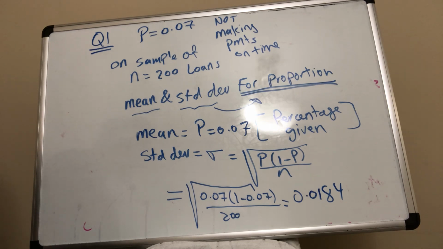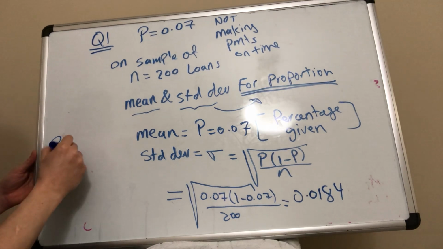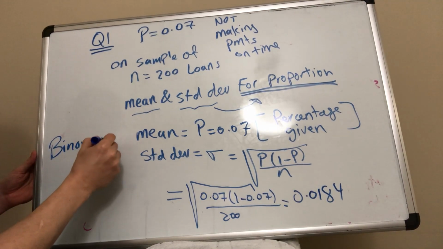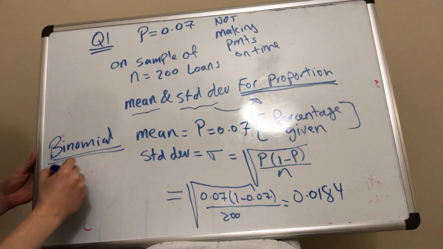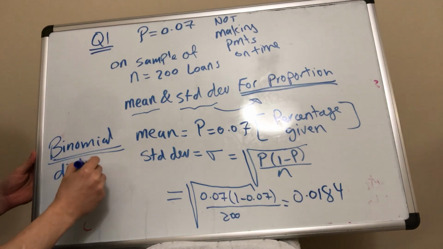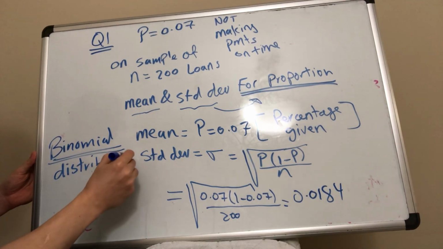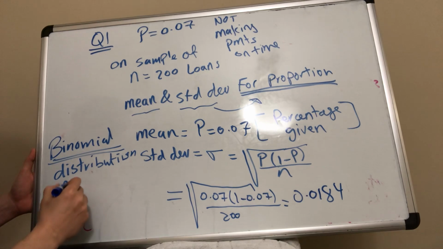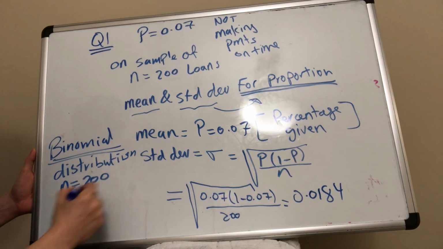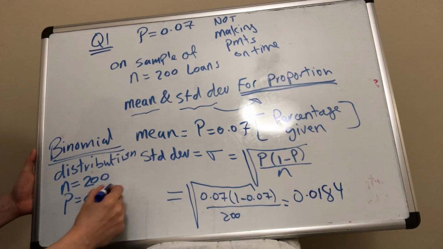You've seen this before. The distribution in this case is binomial distribution. So you say it's binomial distribution with n equals 200, p equals 0.7.